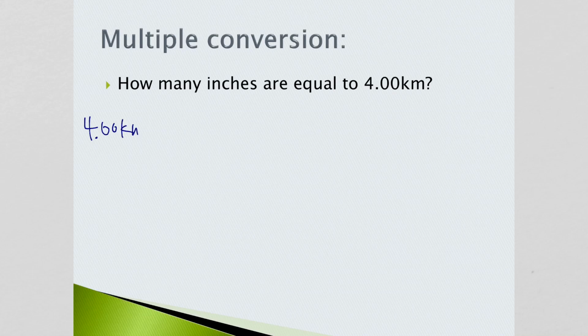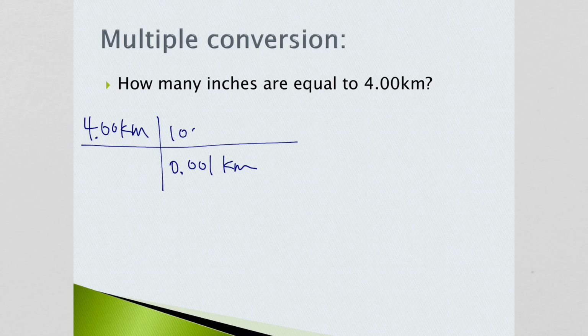How many inches are equal to 4 kilometers? 4.00 kilometers, and this time I'll use the picket fence method. First step is I want to change this from kilometers to centimeters. That's going to then allow me to use the conversion factor that we used before, which is that 1 inch equals 2.54 centimeters. So using my metric table, 0.001 kilometers is equal to 100 centimeters, followed by 2.54 centimeters is equal to 1 inch.